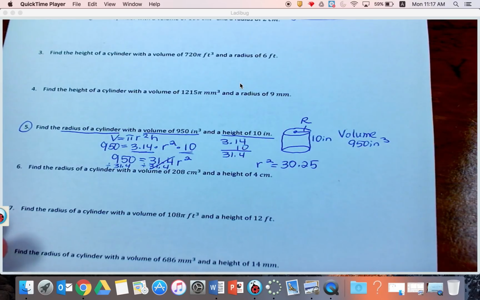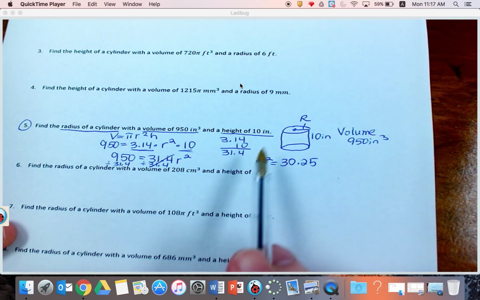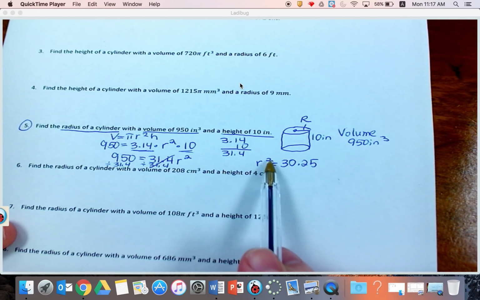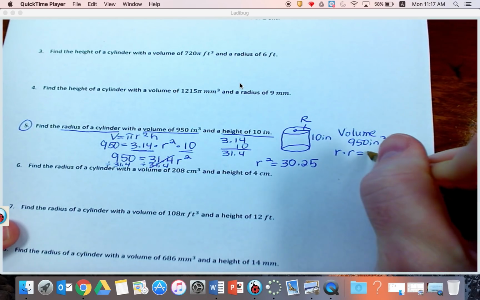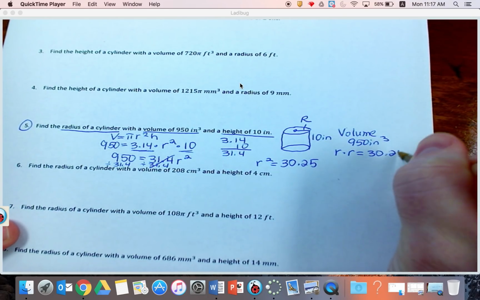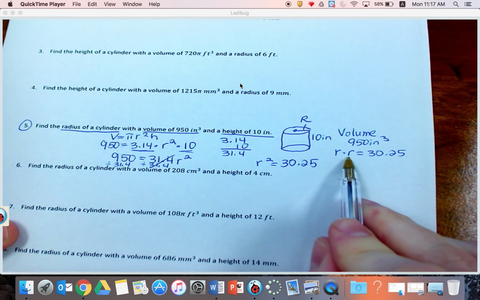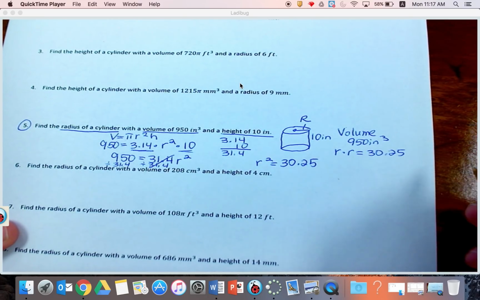Now, I'm not done yet, because remember, I want to know what r is, and this is r squared. So I need to figure out what is r times r would equal 30.25. What could r be that would multiply by its same number and give me 30.25?